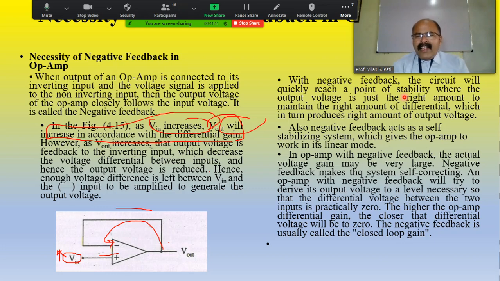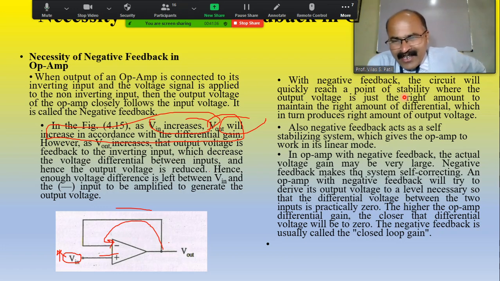In a stabilizer, if the input from the MCB, which supplies the AC mains in our house, becomes very high, the stabilizer will stabilize the output.